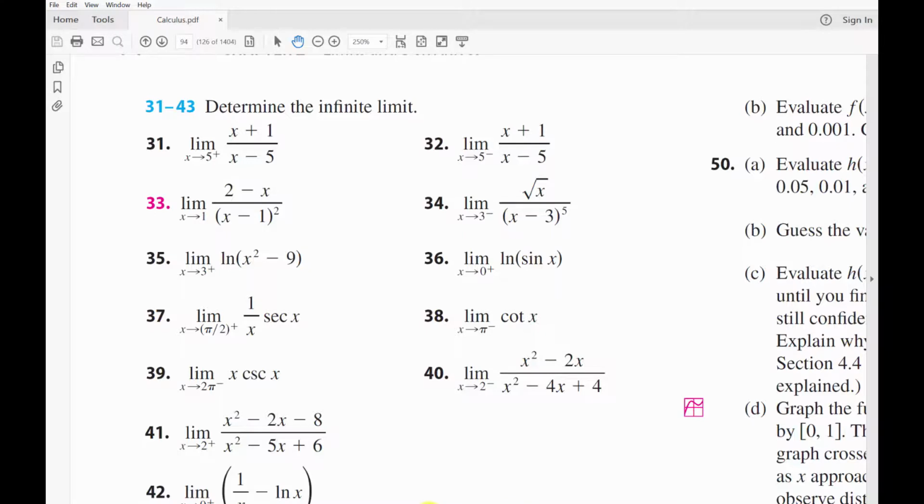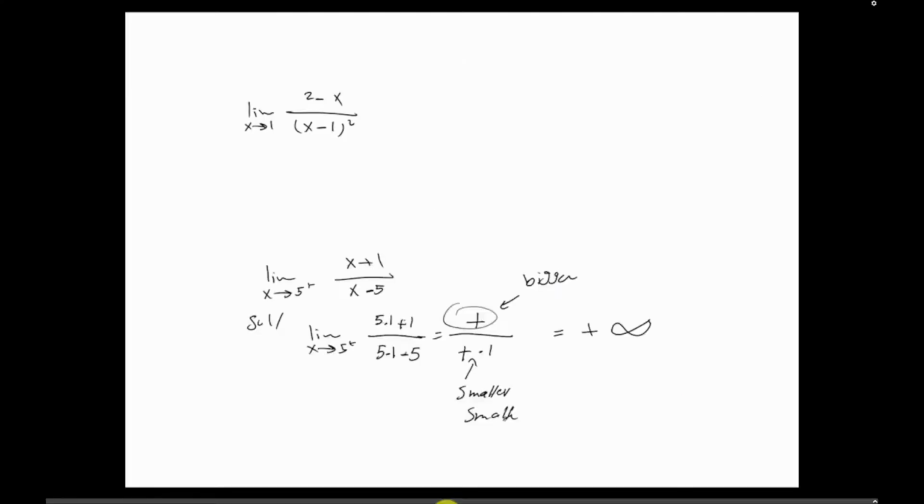So let's solve that question too. Actually, let me write the question one more time: limit as x approaches 1 of (2 minus x) over (x minus 1) raised to power 2.